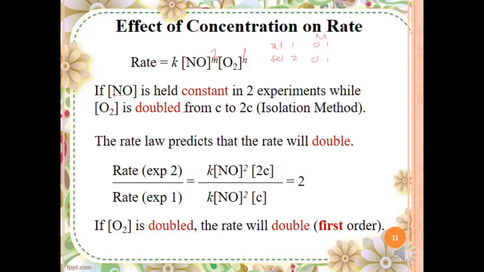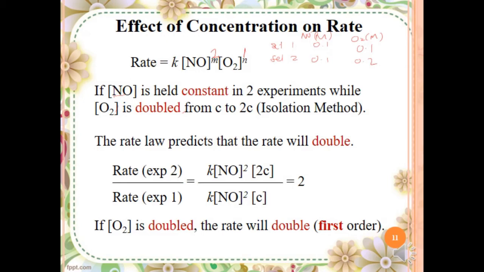Okay, double. So this is referring to NO, and this is oxygen. So double 0.1 is 0.2.